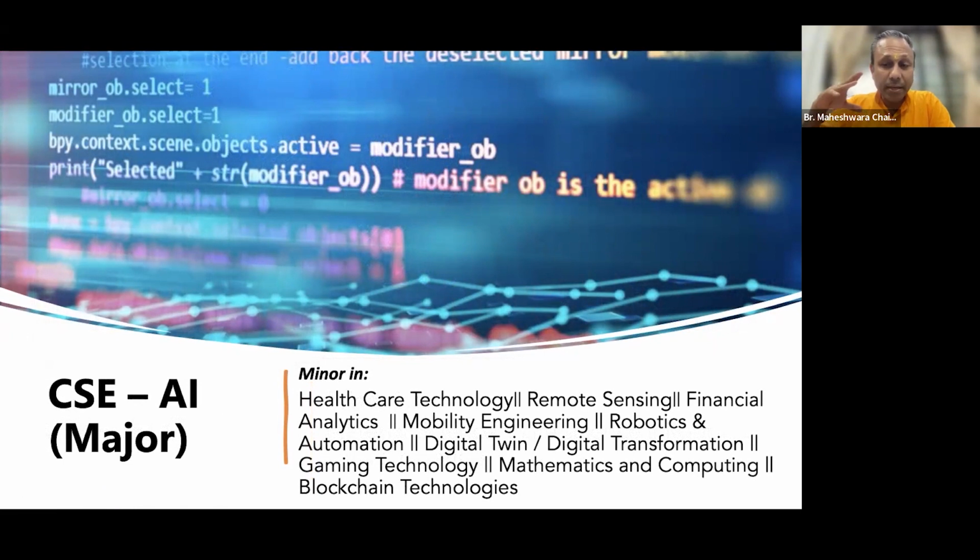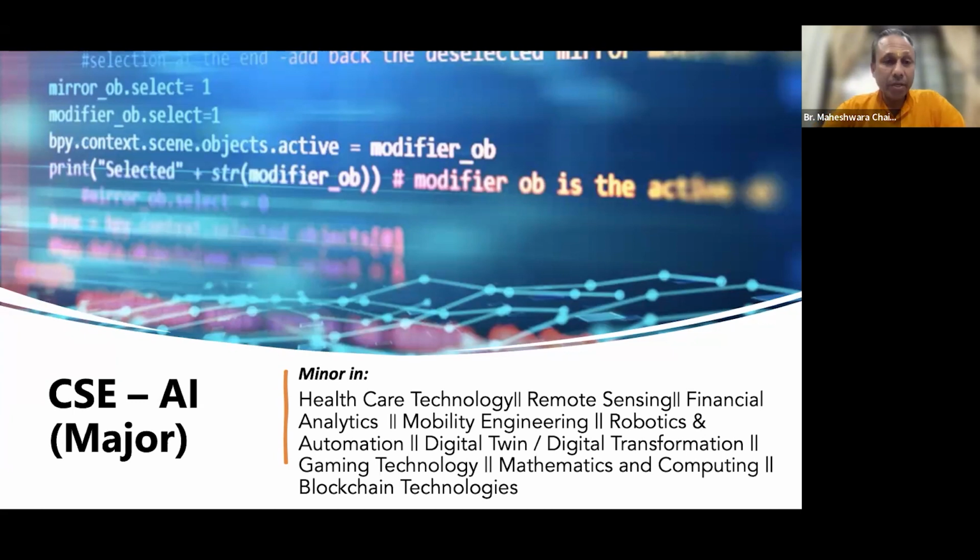You are expert in remote sensing. You just think financial analytics. So a computer science engineer will have to understand how the finance part works. Mobility engineering, robotics and automation, digital twin, digital transformation, gaming technology, even mathematics and computing and blockchain.